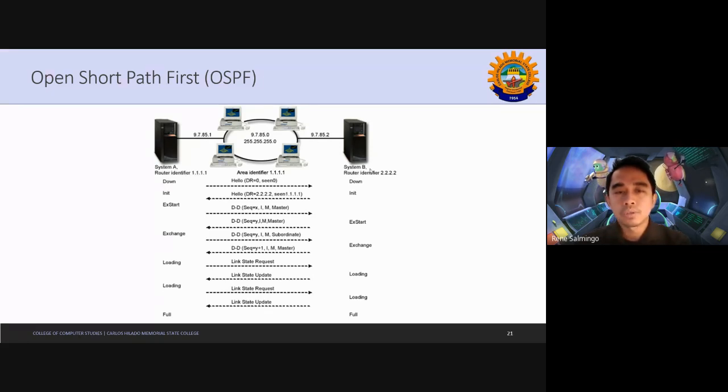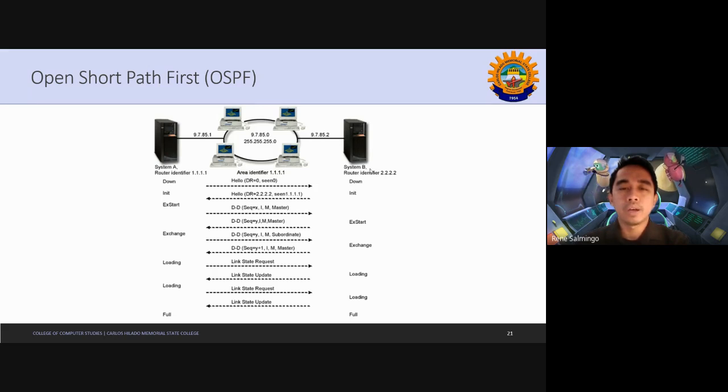For example, first we have system A and system B. The sequence would be that you will be identified, for example as 1.1.1.1, and after that there will be initialization, and once you see the name, you will have the dynamic range.